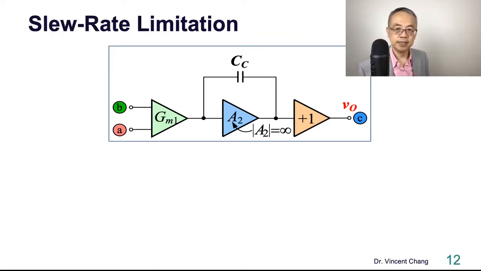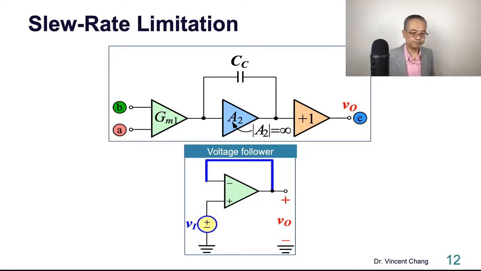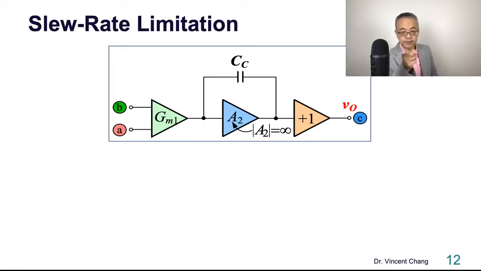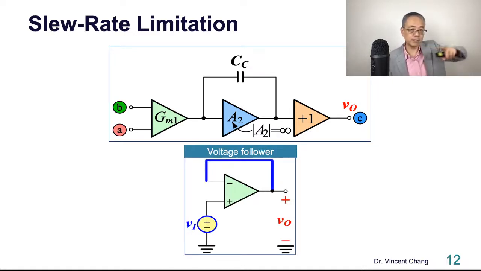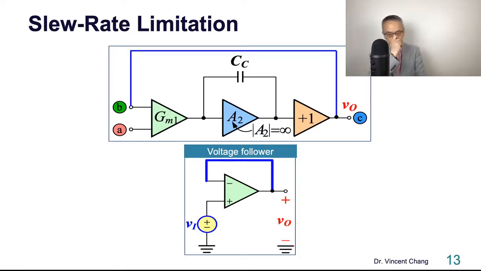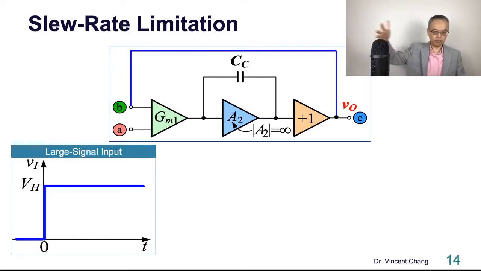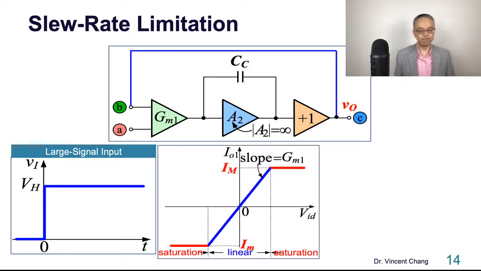All right, so now let me start to explain the slew rate. I said this is the open circuit. Now it's a follower, so let's connect the feedback, the blue line, and feed the follower with a large step input.